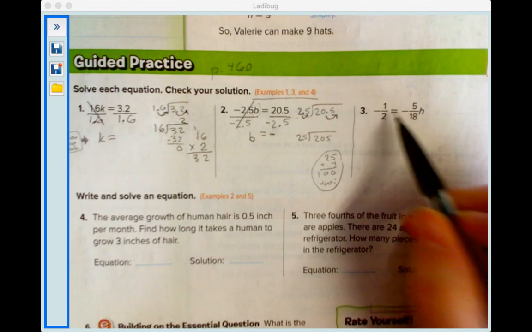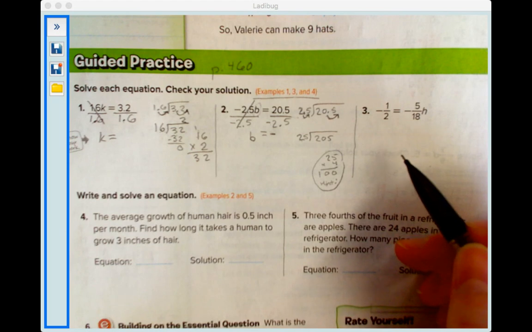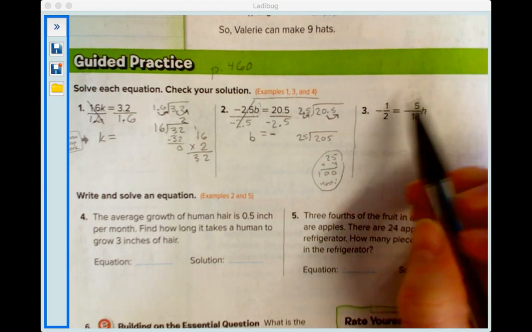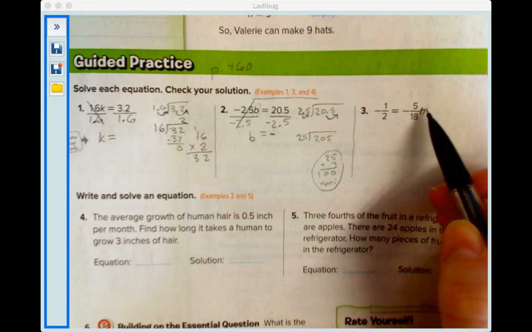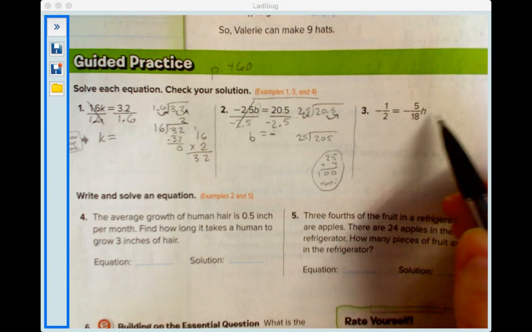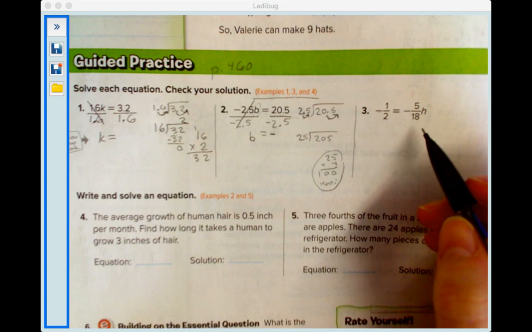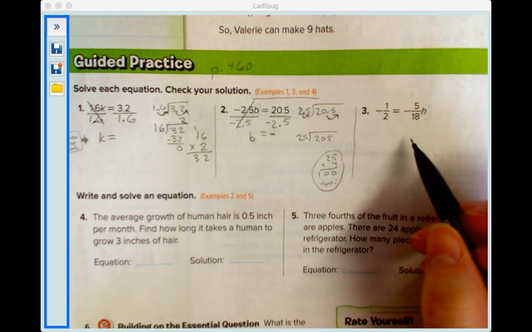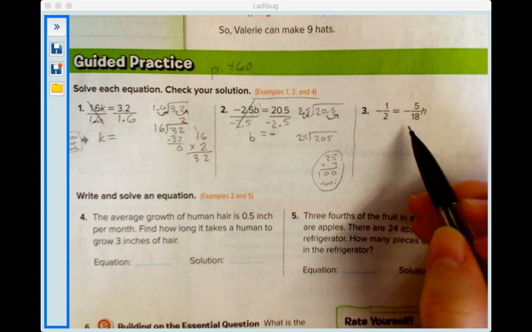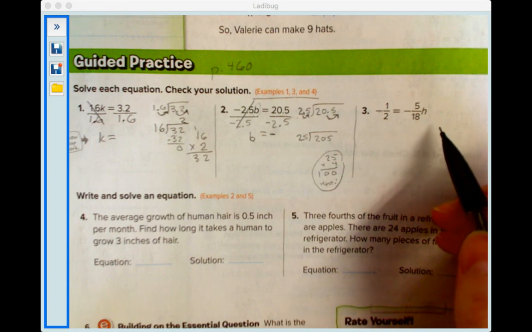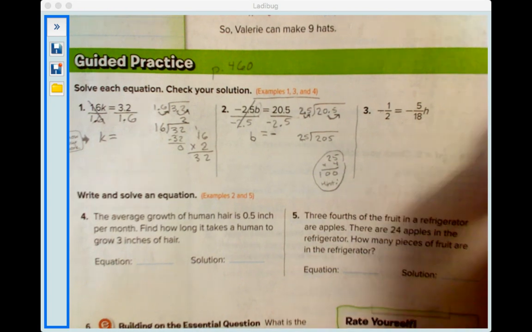Now, setting up for number 3. Negative 1/2 equals negative 5 divided by 18h. Now, we're still dividing, but with a fraction, you actually have to multiply by the opposite.